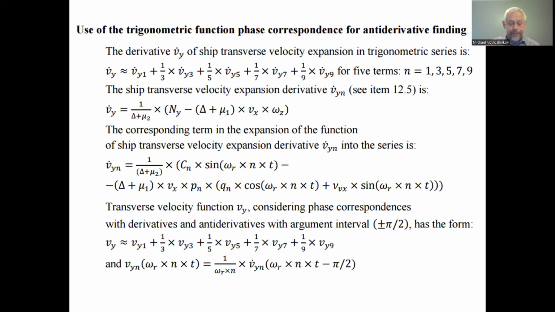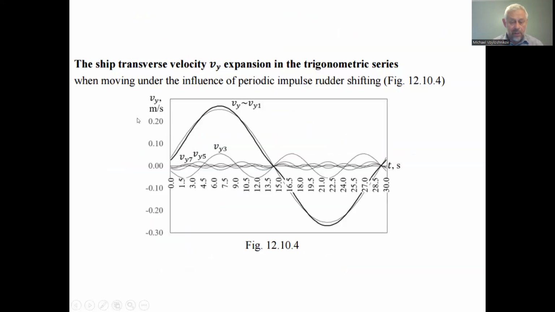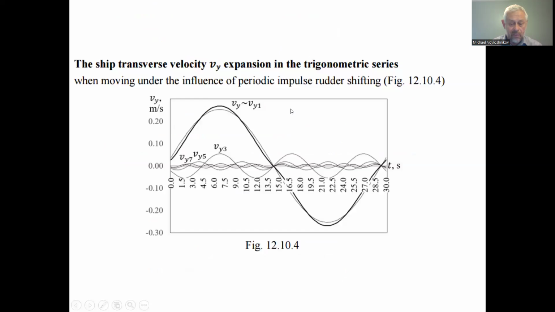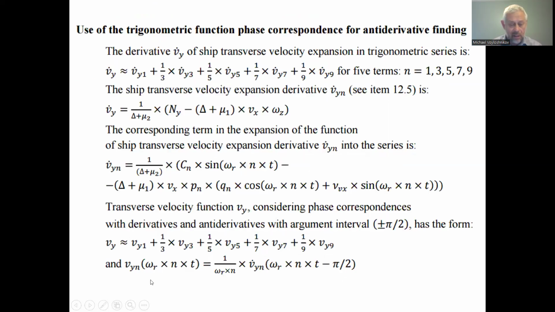And for the translational velocity decision, this is the equation which we had originally as the first equation after the simplification of the three equations of the ship motion on the surface of still water. After the integration, we did not do this integration. We just used the geometric properties of sine and cosine functions.